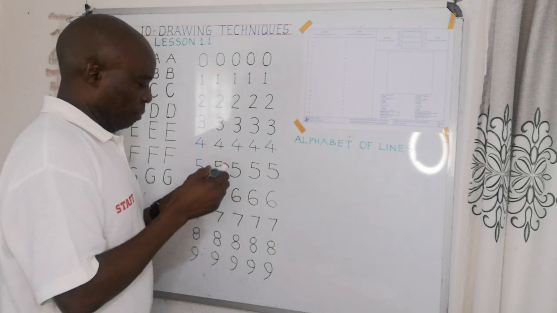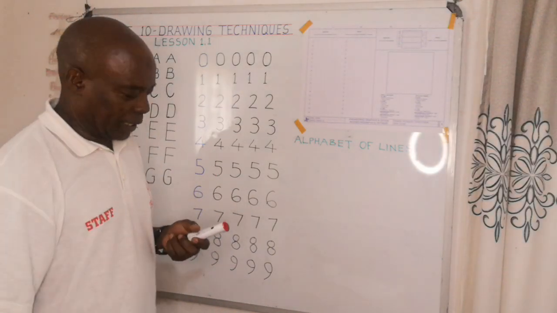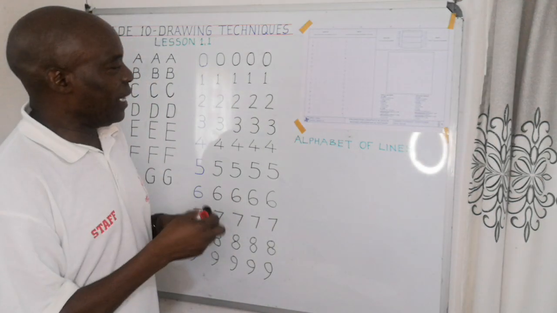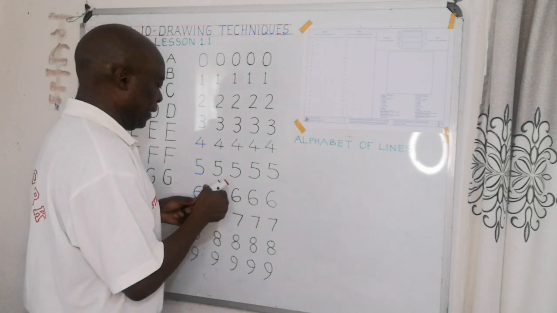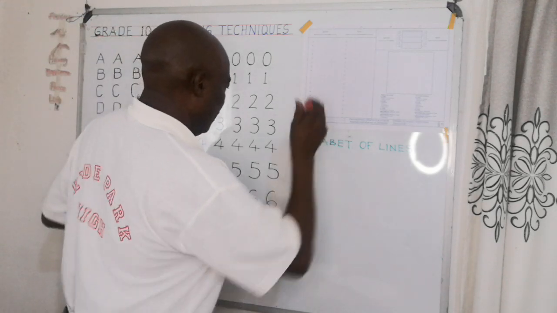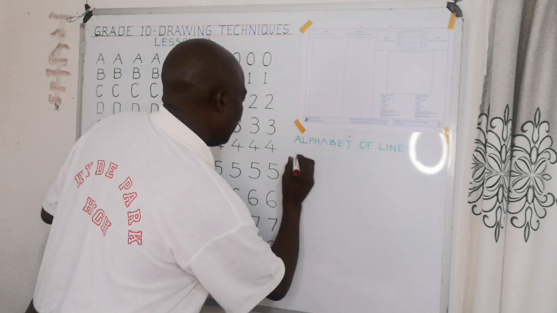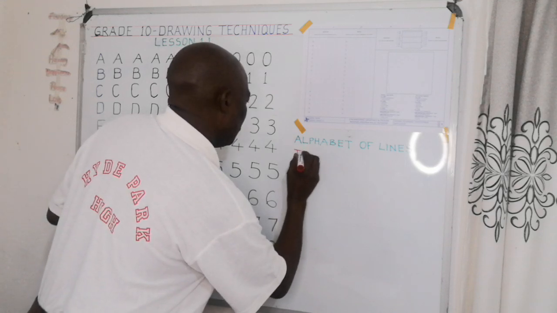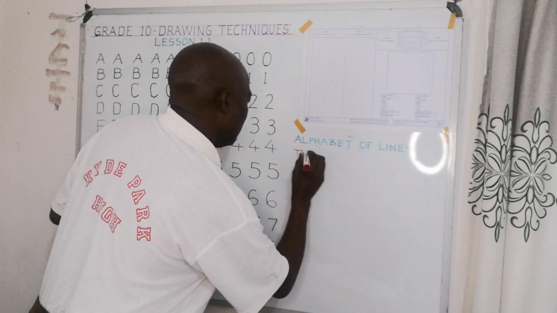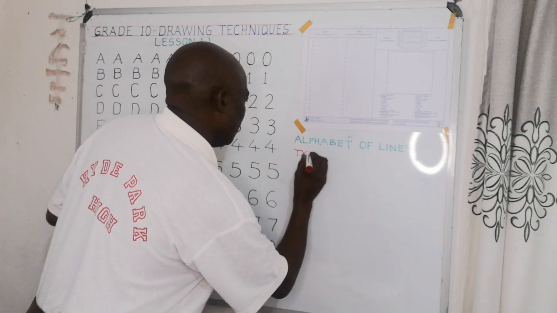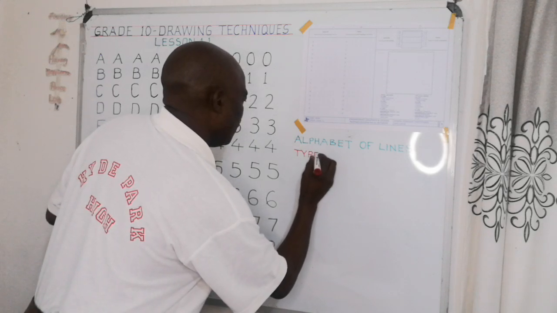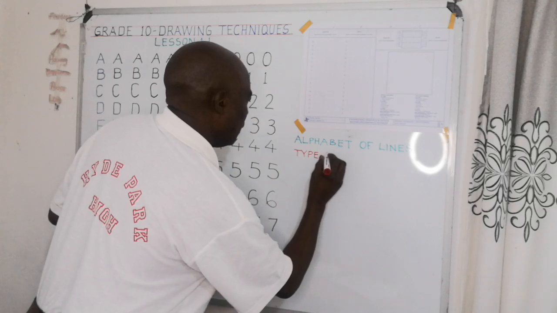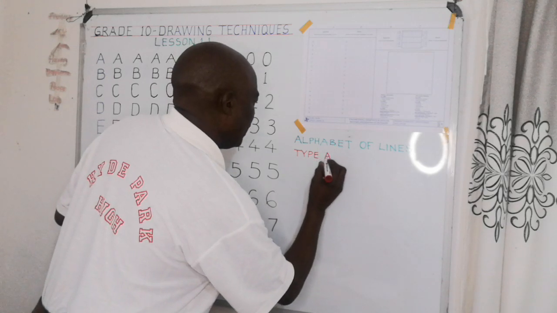Right. So alphabet of lines, we start with what is known as type A lines.